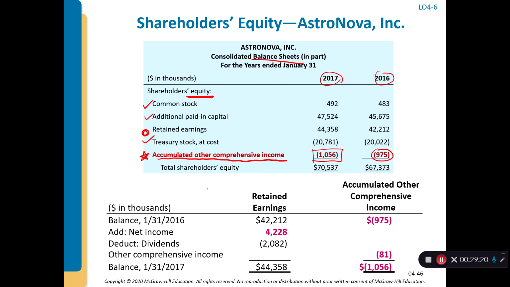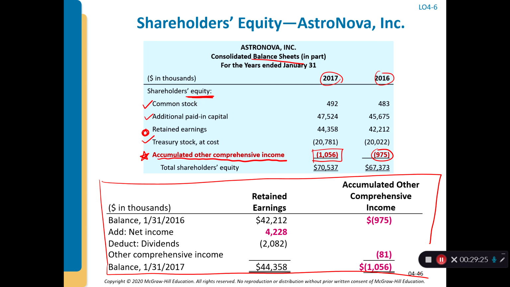If you look at this one, it is a statement of equity, right? It has a retained earnings column, and it has an accumulated other comprehensive income column. This is the 2017 statement of equity.